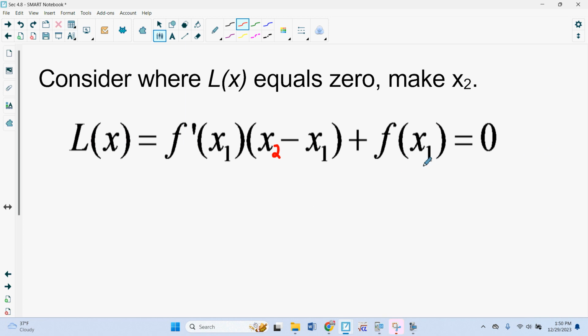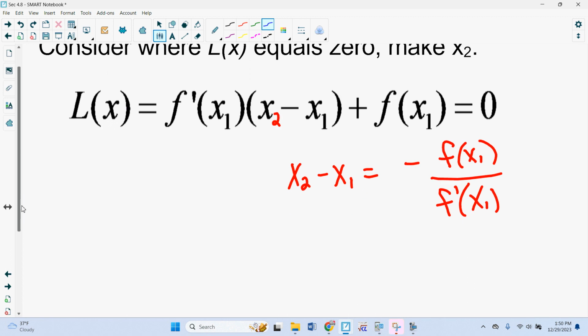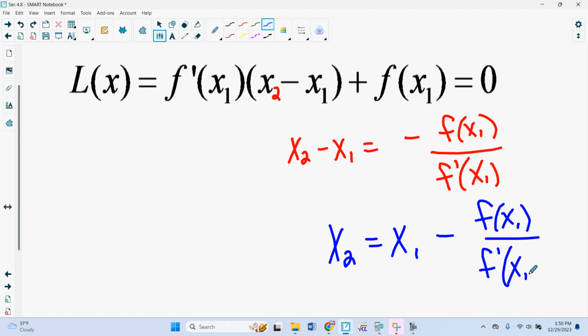Now, this is a linear equation, so I can just subtract this over and divide, which would give me x2 minus x1 is going to give me minus f of x1 divided by the derivative at x1. And then to find x2, I just add the x1 over, and I get x1 minus f of x1 all over f prime of x1.